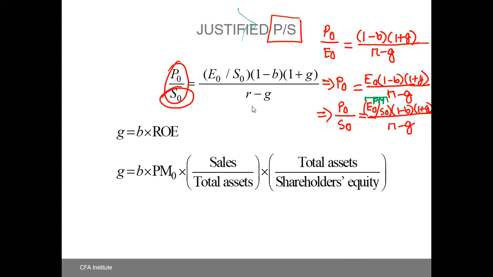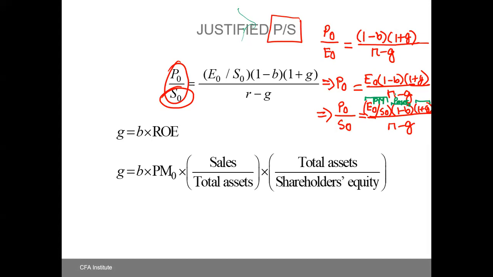B is equal to the retention rate. So it is the payout ratio, not the retention rate. And we know it is the growth rate, 1 plus G, where G is the growth rate. Okay, so what do we see?